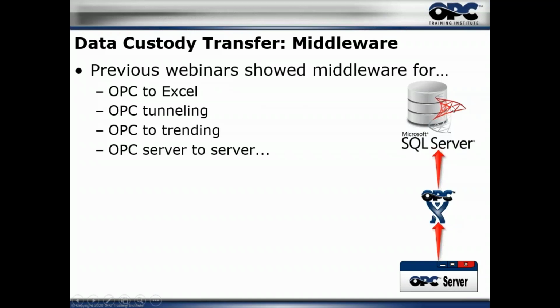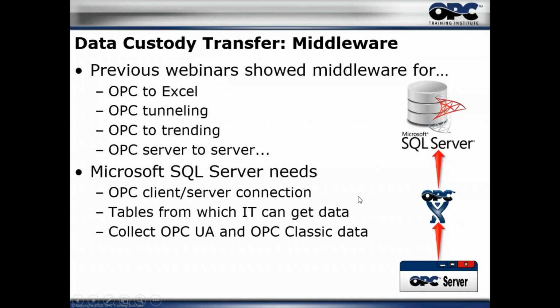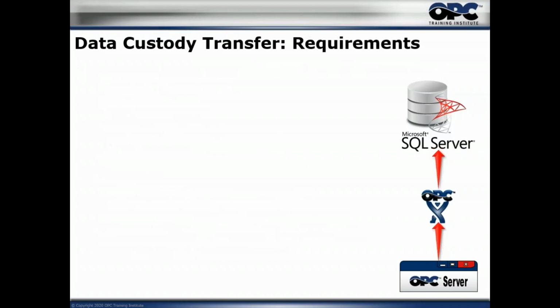In this case, we're talking about getting the data to Microsoft SQL Server, because what SQL Server needs, and those of you that have been in our training or those that have read up on OPC know that SQL Server needs an OPC client in order to be able to connect to OPC servers. So it needs a client to connect to the servers, and that's the part that this middleware performs. So it's got tables, there's a database, tables it dumps data into, and I'll show you all that and how it actually works. And this is really a tool to join IT and automation together. So let's take a look.